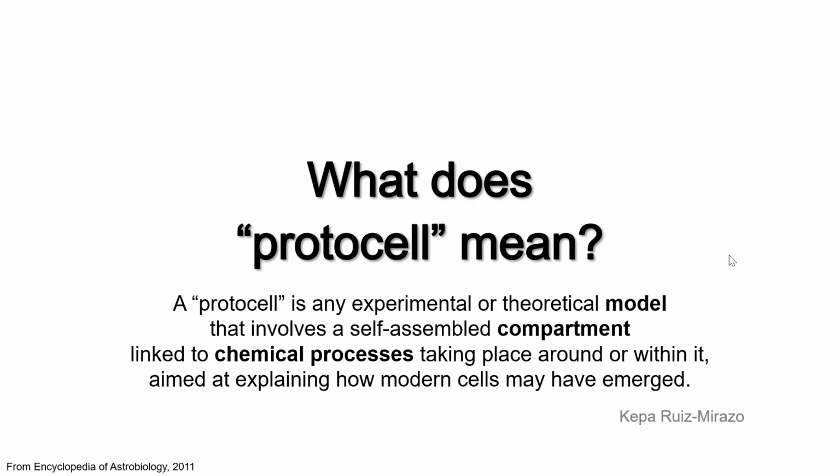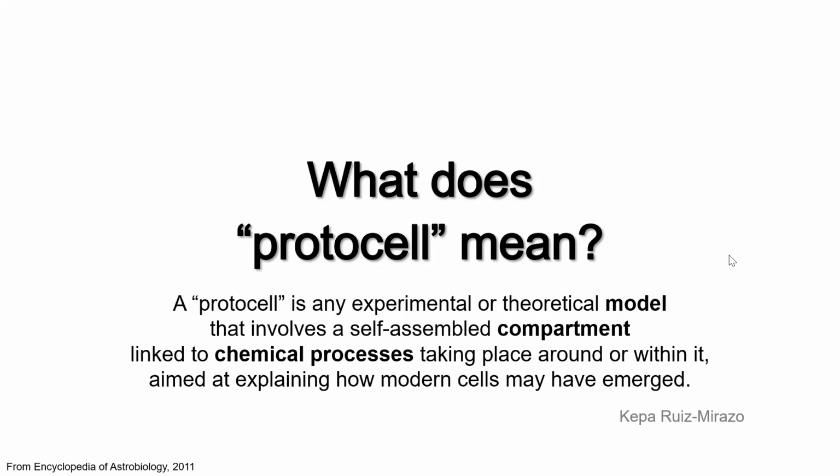And these experimental or theoretical models are aimed at explaining how modern cells may have emerged. We'll go through all of these bits in the next slides, but what I want to make clear is that protocells are basically models of modern living systems, of modern cells.